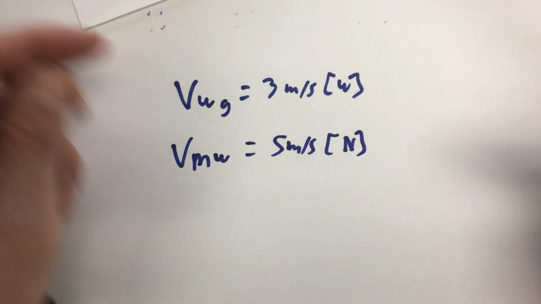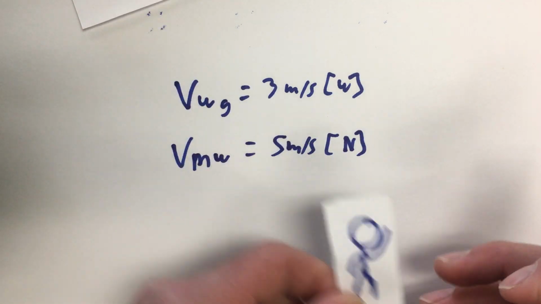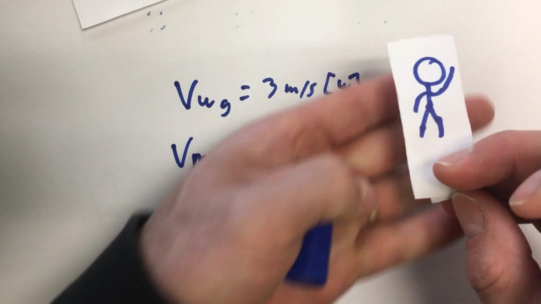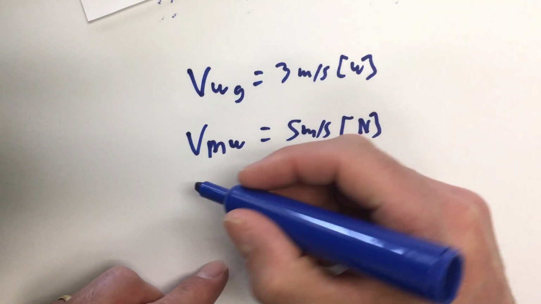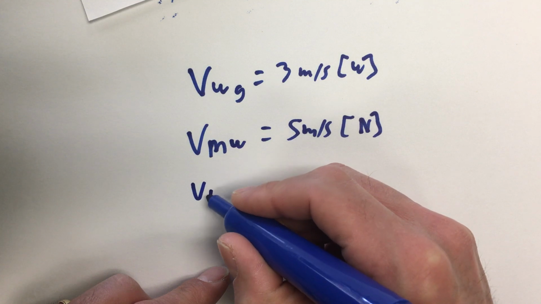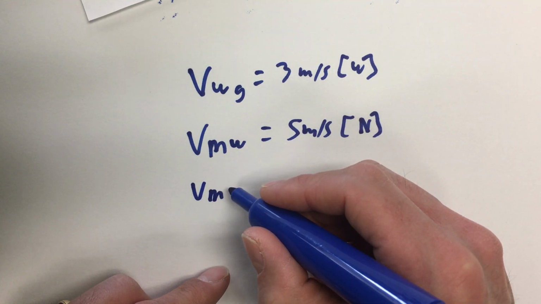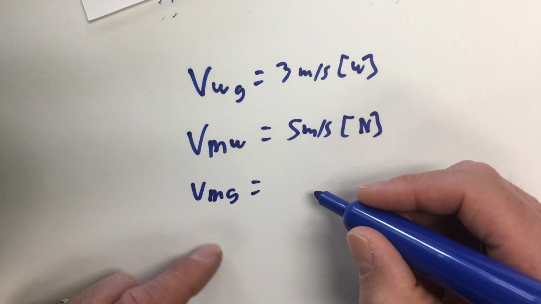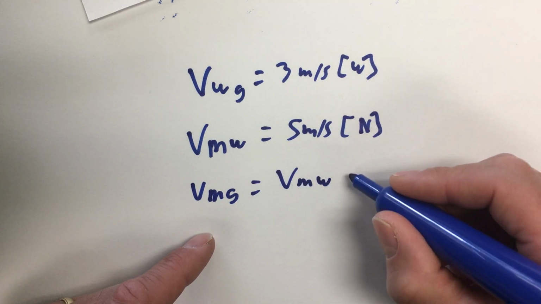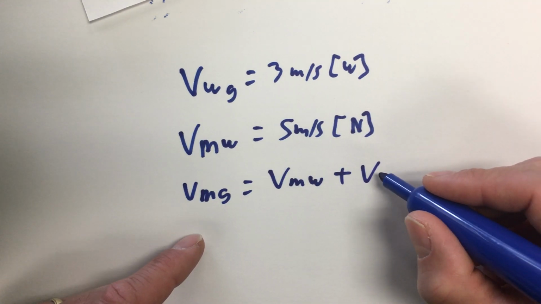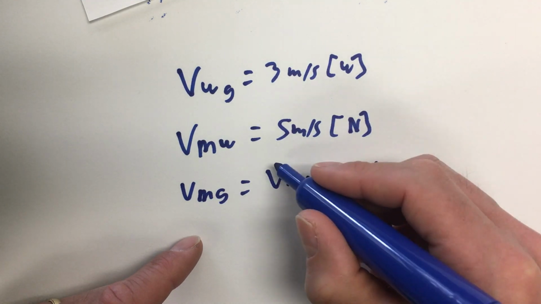So the velocity of the man with respect to the ground, as he swims in the water and the water moves, is going to be equal to the velocity of the man with respect to the water plus the velocity of the water with respect to the ground.